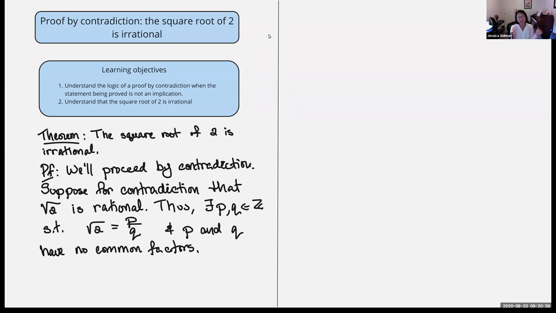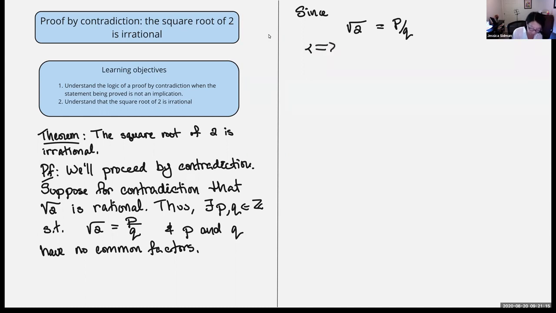So now we've written down what we wanted to show, we've used what we know, and this is computation time. Okay, so let's go to the next page. Since the square root of 2 is equal to p over q, well, what are we going to do next? We want to work with integers, right? And on the left side of this equation, we don't have an integer. Let's get an integer by squaring both sides. So the square root of 2 is equal to p over q.